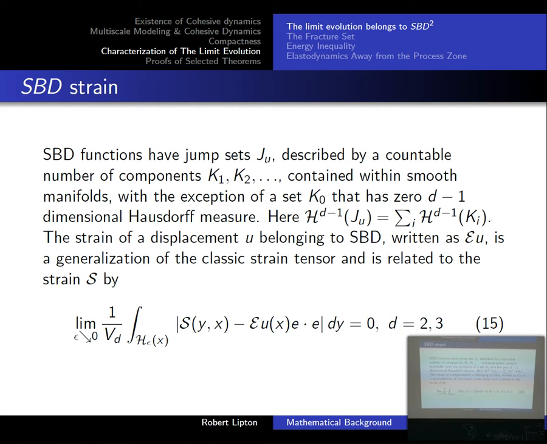And the total Hausdorff measure of the jump set is just the countable sum of these components. The strain of this displacement belonging to SBD is a generalization of the strain tensor, and like I said before, it's related this way.